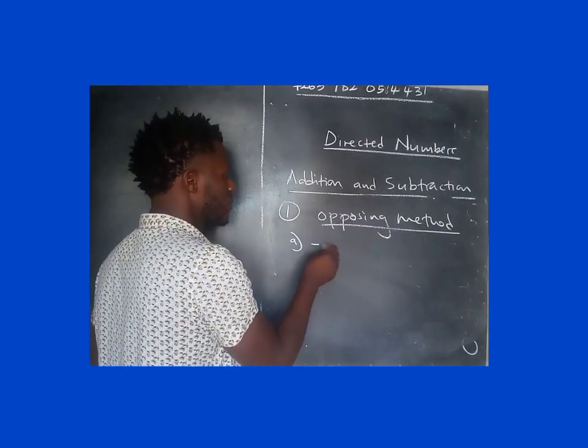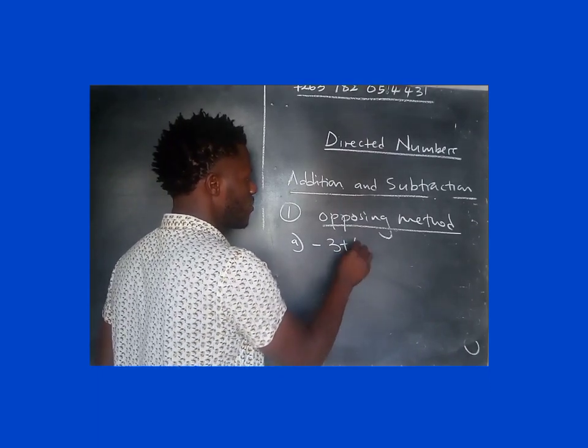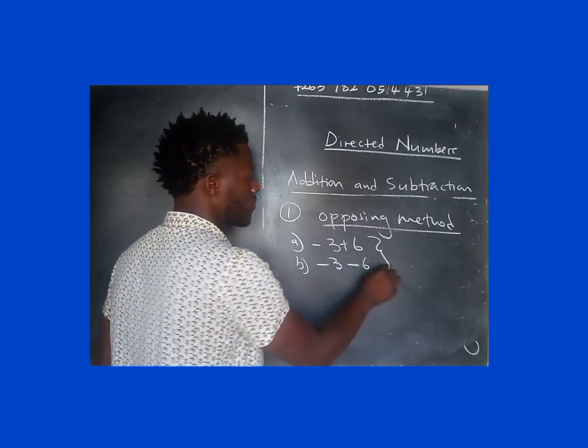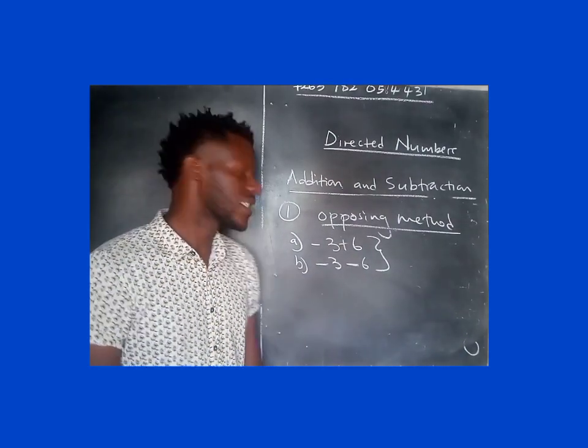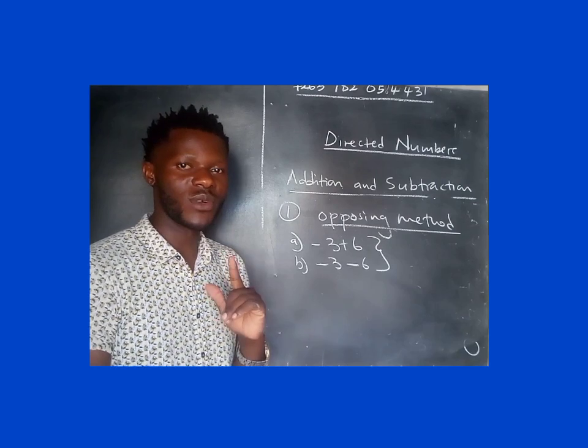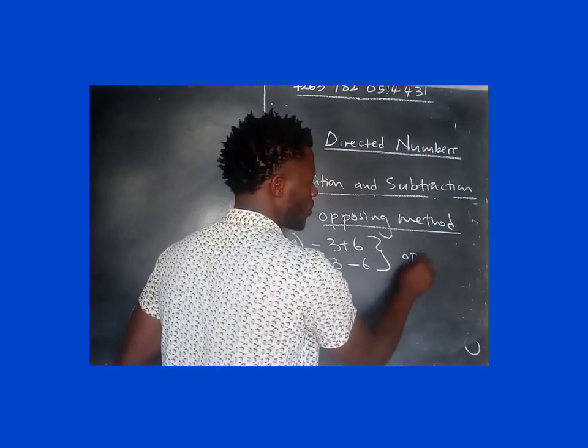Then you present this: minus 3 plus 6, minus 3 minus 6. So whenever you face such a situation whereby we start with a negative symbol, you do the opposite. So we then label it the opposing method.